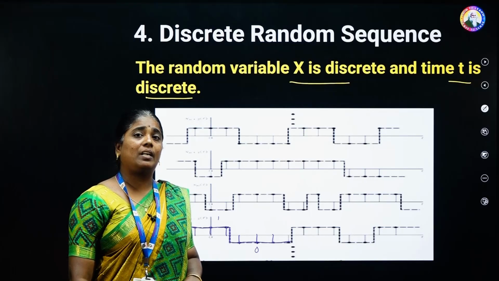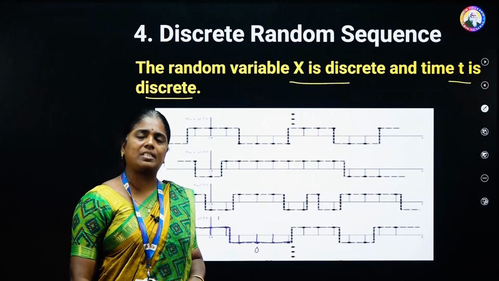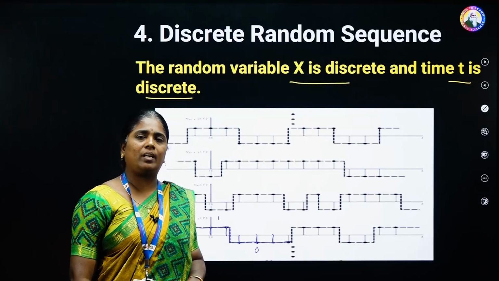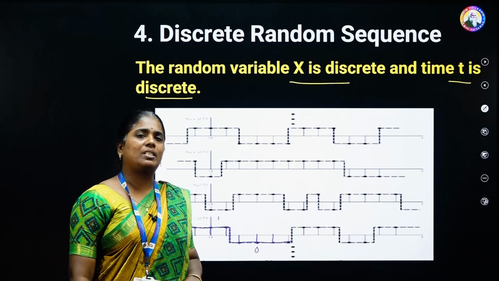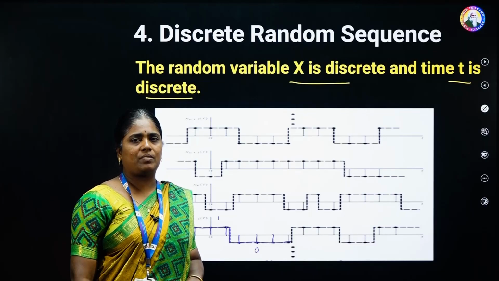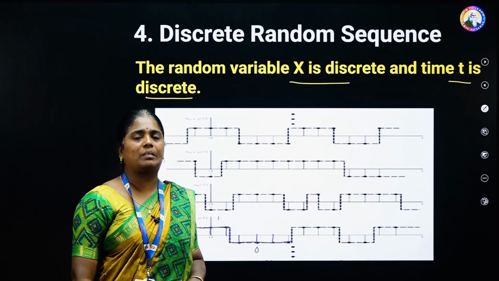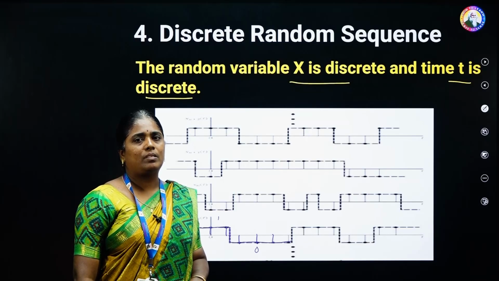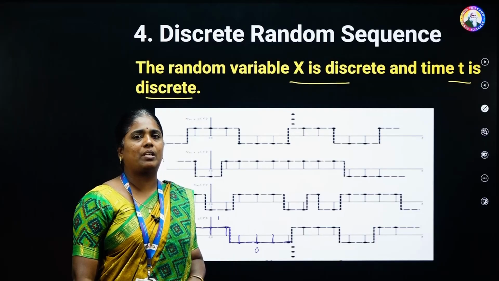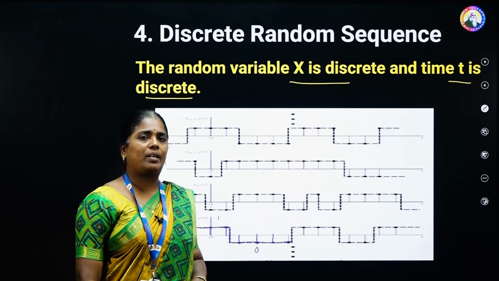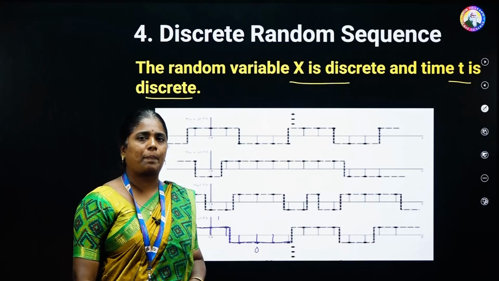Whereas for the continuous random sequence, some digital signal having only two values, 1 and 0, can be taken as the best example. Then by doing the sampling process on these two, we obtain the remaining two. So based on the nature of the random variable x as well as t, we have classified the random process.